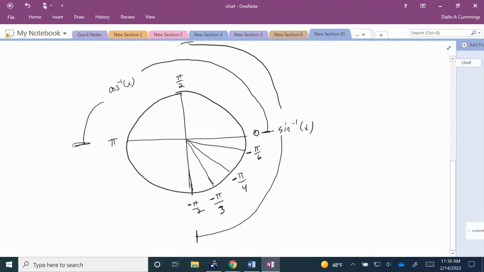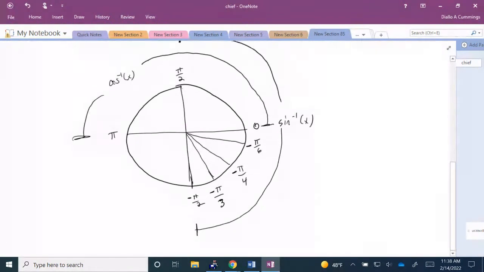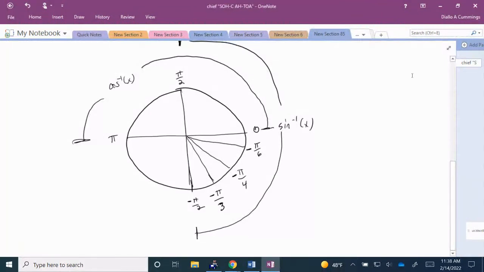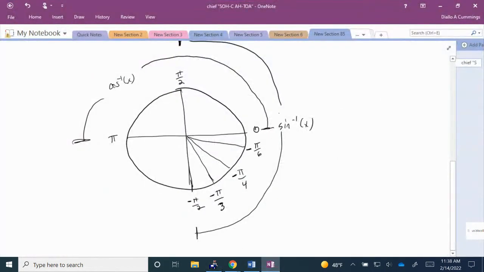Okay, so hopefully this is going to make sense in just a second. So the arc cosine is found on the top half of the unit circle. We have the arc tangent, and notice that the arc tangent is also found on the right-hand side of the unit circle, and its values are from negative pi over 2 to positive pi over 2.